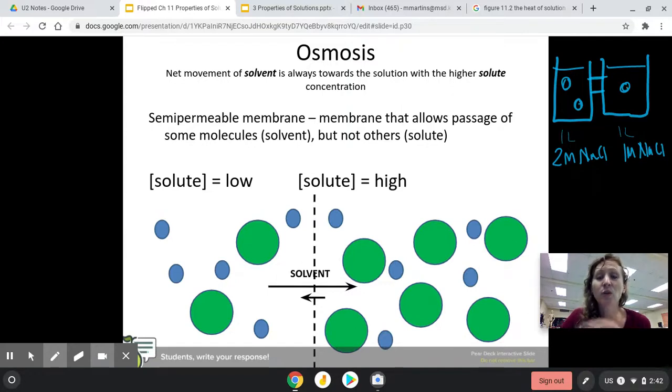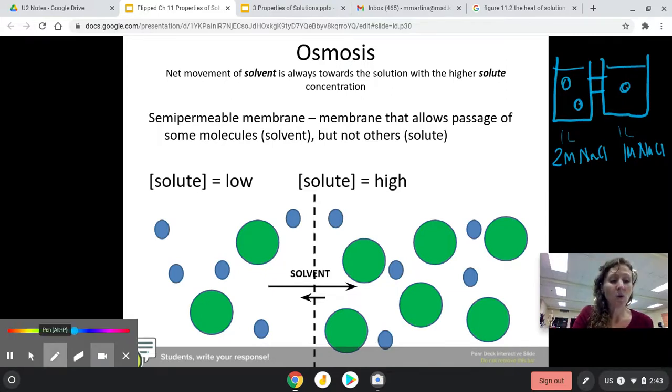So hopefully you recognize that this is the very definition of osmosis. Water flowing when solute cannot flow. That is the definition of osmosis. And water is always going to flow towards the side with a higher concentration until the two concentrations are equal.